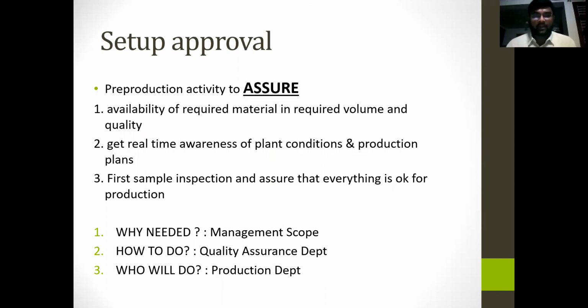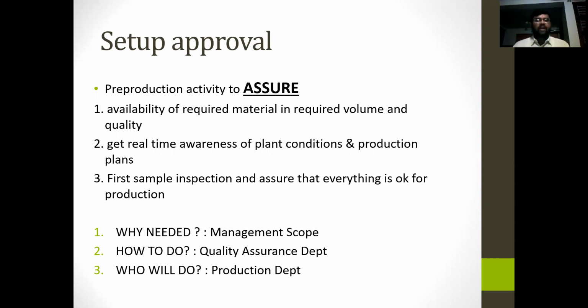Right now we are working with quality assurance, whether it is quality of the product or quality of the process. We are in an assurance phase instead of the control. So setup approval is a pre-production activity to assure availability of required material in required volume and quality, then get real-time awareness of plant conditions and production plans, and first sample inspection, and assure that everything is okay and ready for the production.